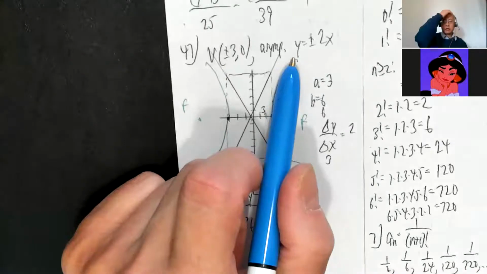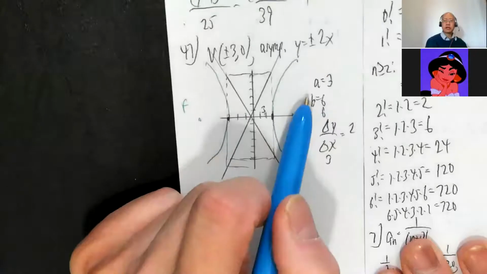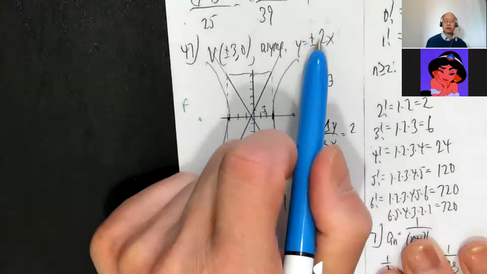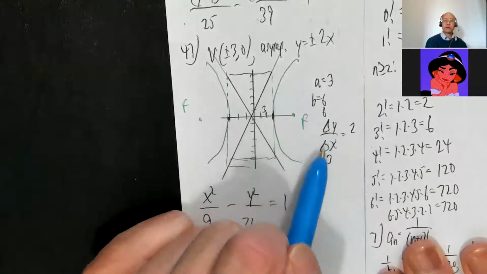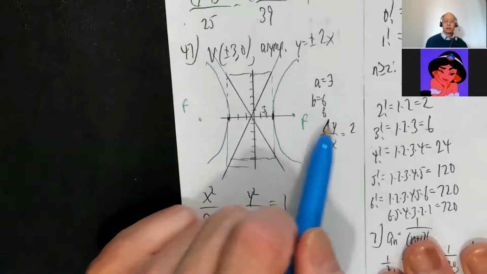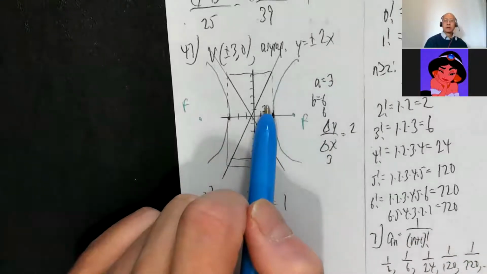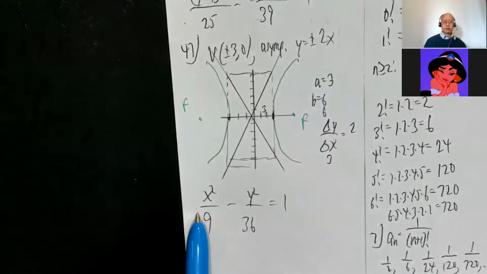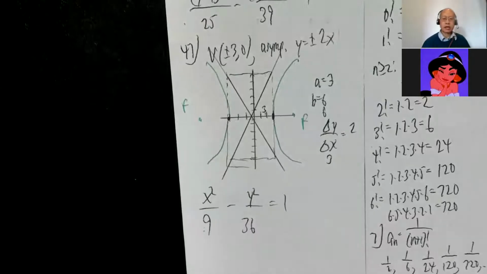The asymptote is y equals plus or minus 2x, so if a is 3, rise over run is 2. So if the run is 3, I have to rise 6, 1, 2, 3, 4, 5, 6, in order to have a ratio of 2. So b is 6. Delta y over delta x is 2, so if delta x is 3, delta y has to be 6, which means b squared is 36. So there I go. x squared over 9 minus y squared over 36 is equal to 1. And that's the equation of the hyperbola.